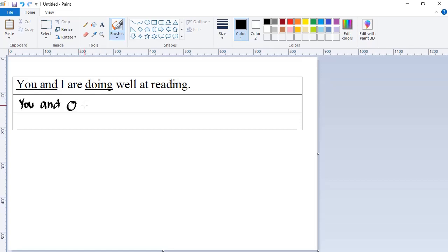R is represented by your R. And then doing, we just copy. Well is represented by your L stroke. And at is represented by your T stroke. And then reading, we have R, E, D, I, and G. And then of course, don't forget your period. So, that is what your output should look like.